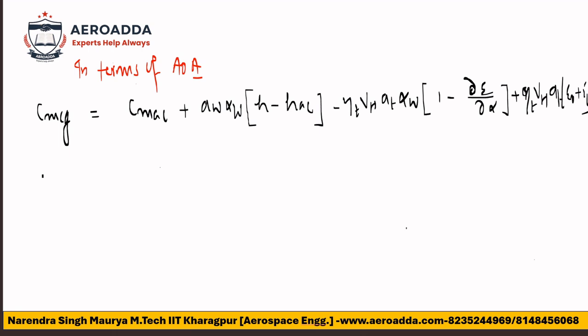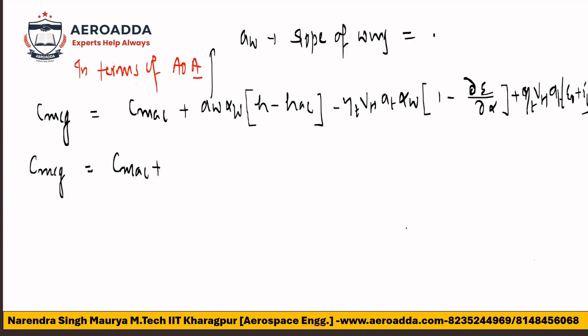Now check this complete equation. So what is another format? CMAC plus AW, because AW is nothing but the slope of the wing. I told you in the previous lecture also, AW you can also write as A only.